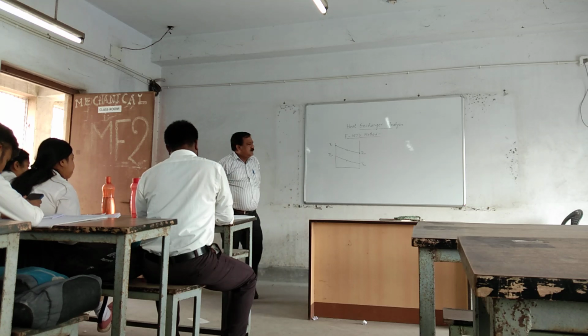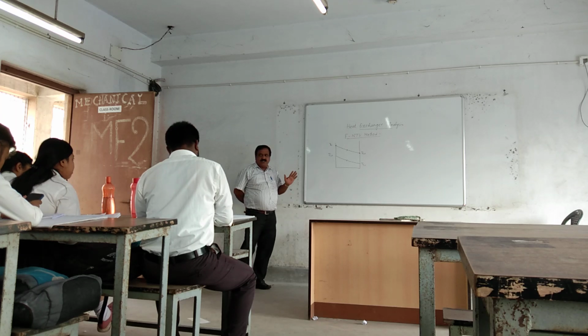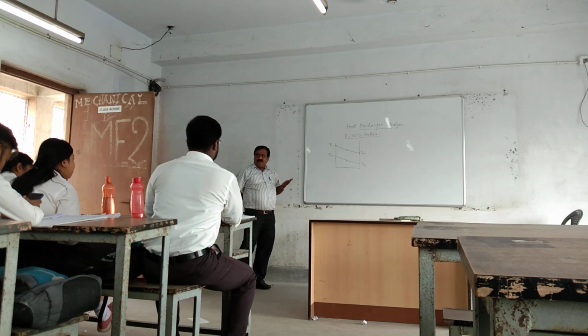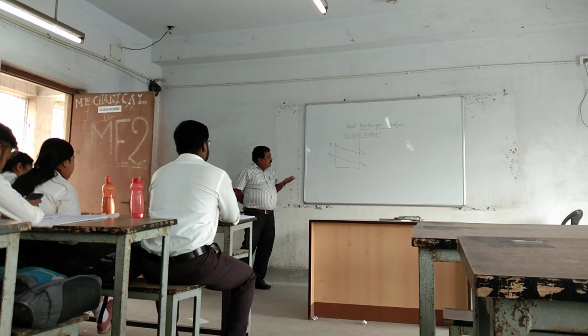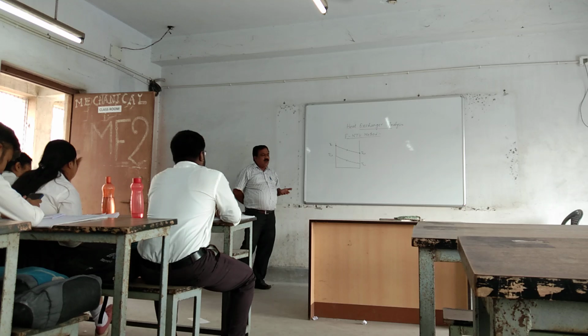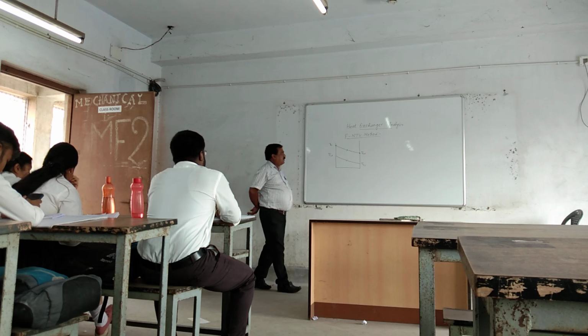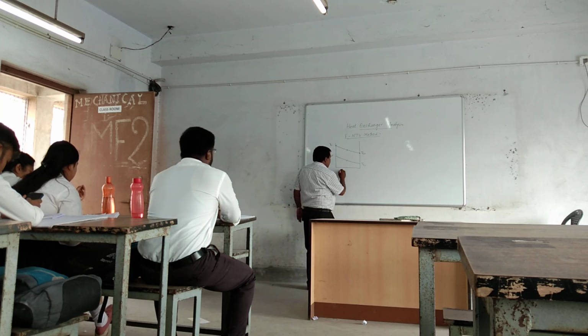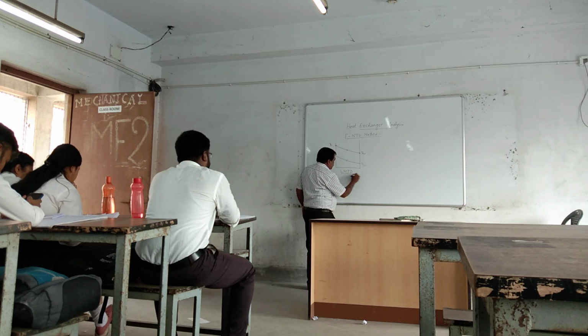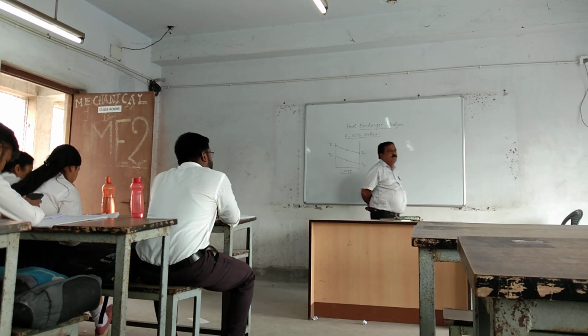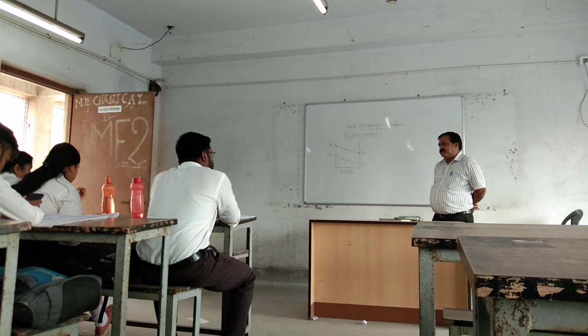So when all the temperatures, that means inlet and outlet temperatures of both the fluids are known, then we have analyzed the heat exchanger and found out the heat transfer by LMTD or log mean temperature difference. Now, LMTD could be found out when all the temperatures are known.